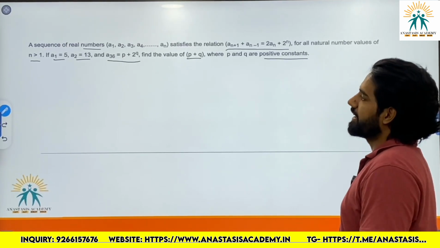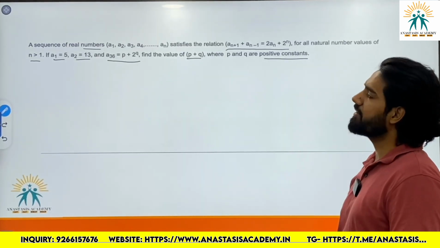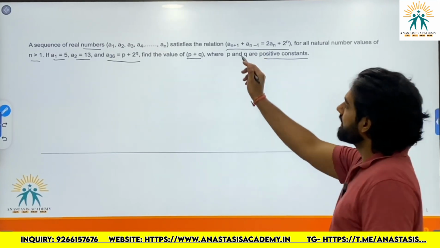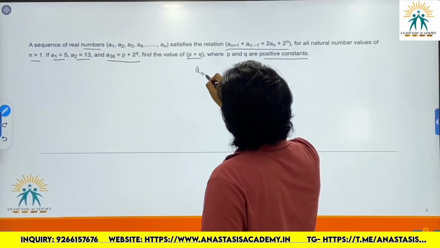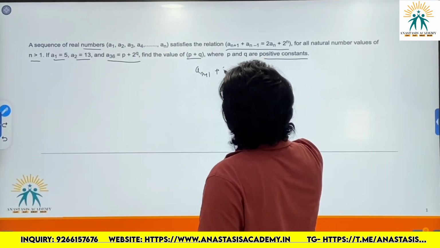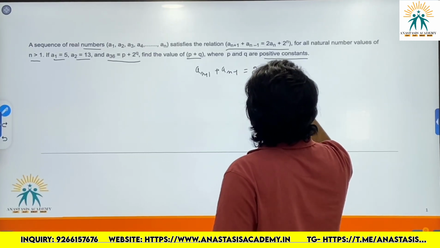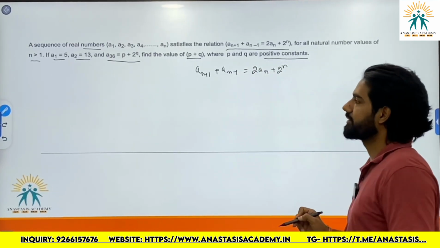So a sequence of real numbers is given from a1 to an that satisfies this relation: a(n+1) + a(n-1) = 2an + 2^n.